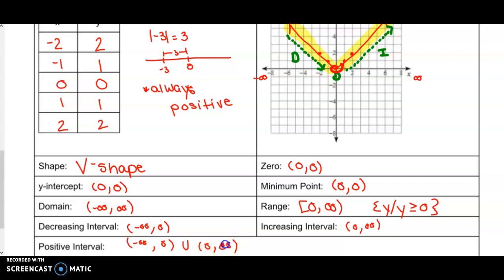All right, I do not want to use 0. 0 is not positive, it's neither positive nor negative. So that's why I use the parentheses and I split, so everything but 0 will be on my list of positives.